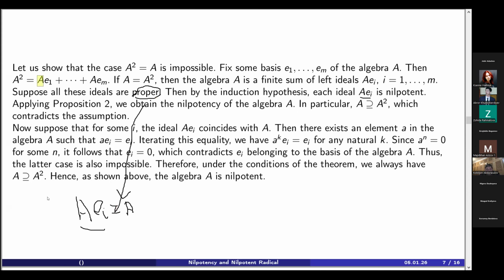Actually, I didn't understand the last statement. Why, applying proposition 2, do we obtain the nilpotence of the algebra A? What is proposition 2?